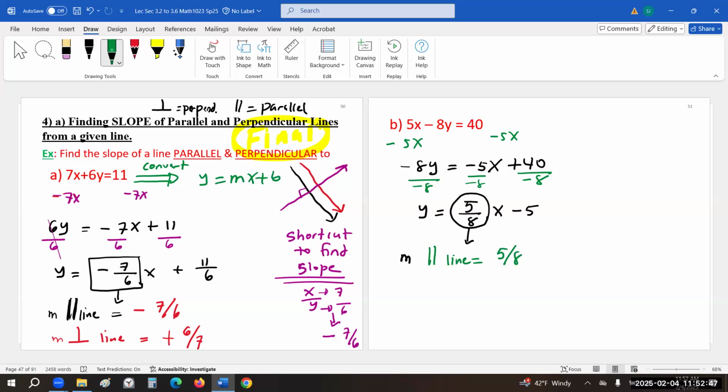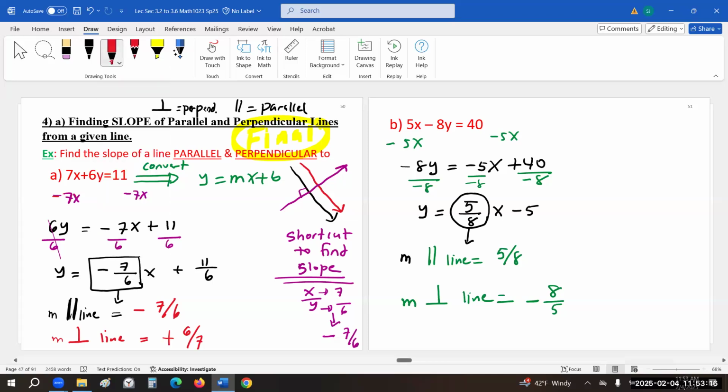X is a variable, so you don't write X. It's just the number in front of X. So you did great. Now what's the slope of the perpendicular line? 8/5, and then the sign must be negative because it's completely opposite.